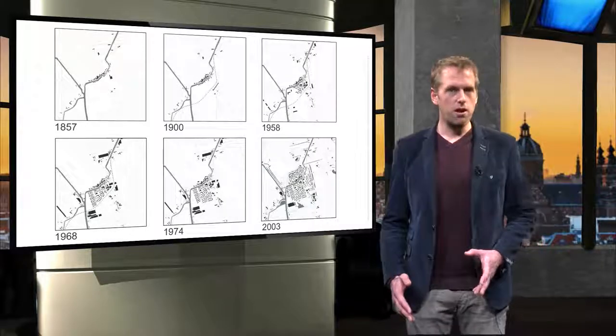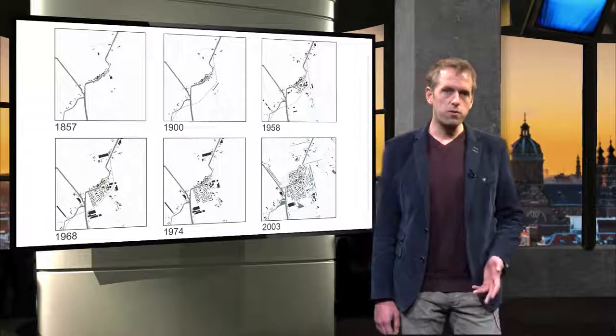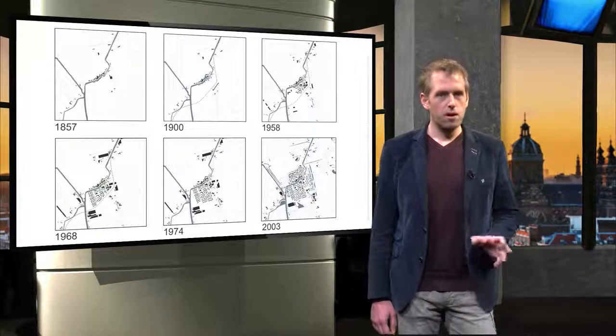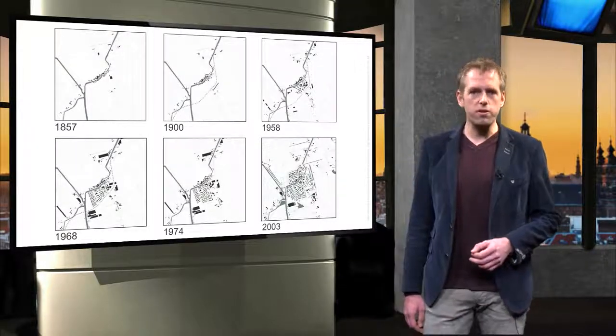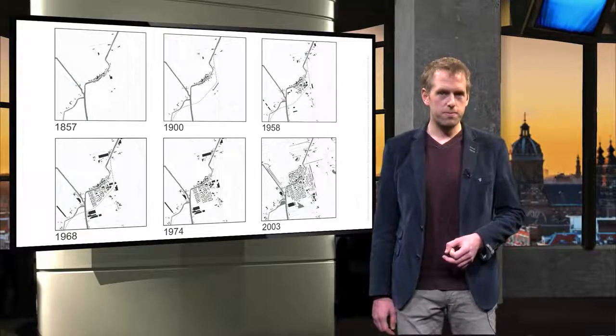Slow changes refer to the growth and shrinkage of a city, caused by extensions, new infrastructures, urban transformations, and planned and unplanned developments. Here you can see the transformation over time of Schipluide, a small village in the Netherlands.